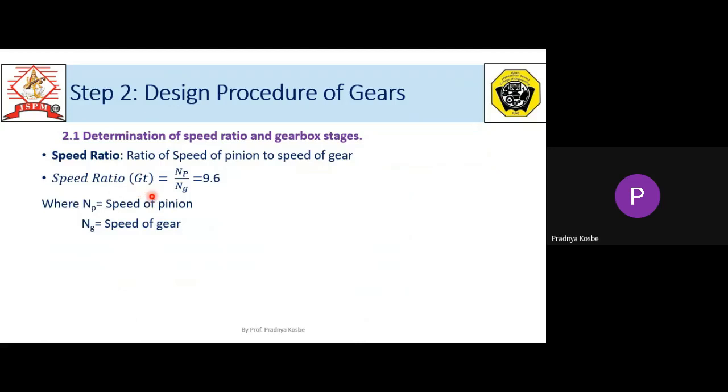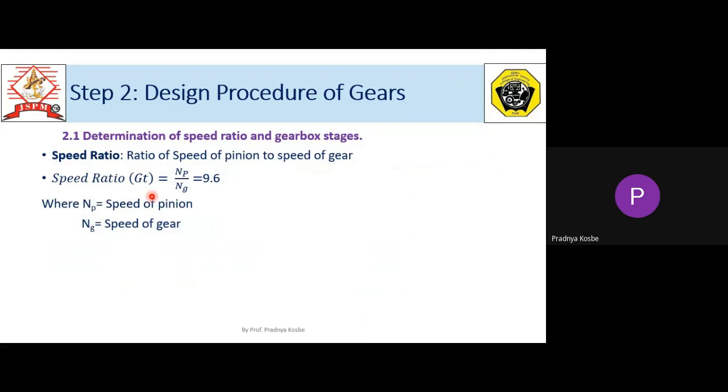Why are we calling it GT? As it is a two-stage gearbox, the gear ratio for the first stage and the second stage will be different, and for that purpose, empirical formulas are available.